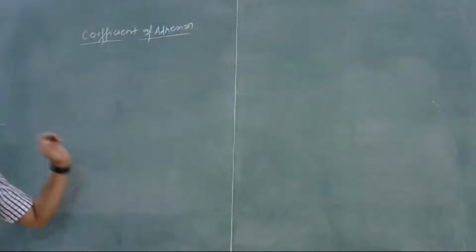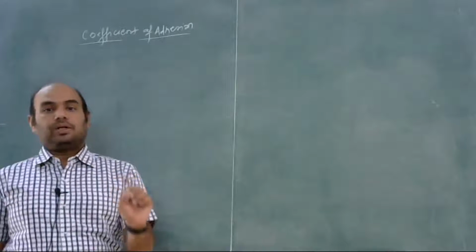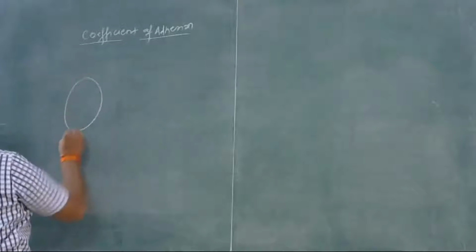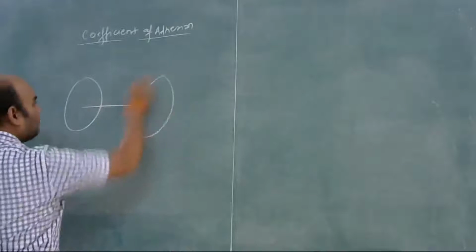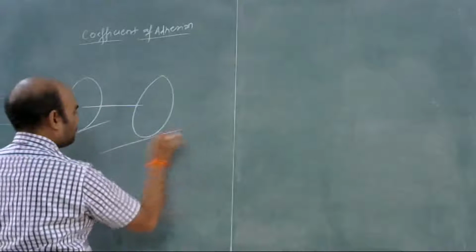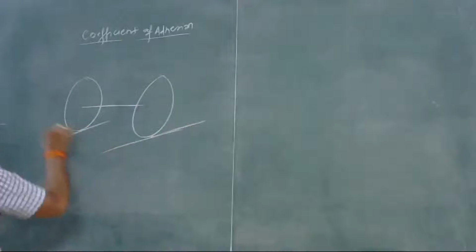And there should be no slipping of the wheels. The wheels should run on the track. The wheel is coupled to the motor either directly or through reduction gear, known as driving wheels. So this is the wheel and this is the track, and this is the point of contact.